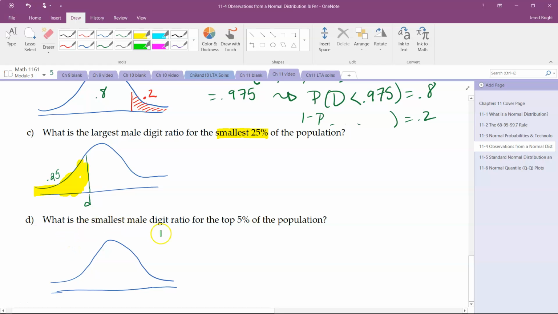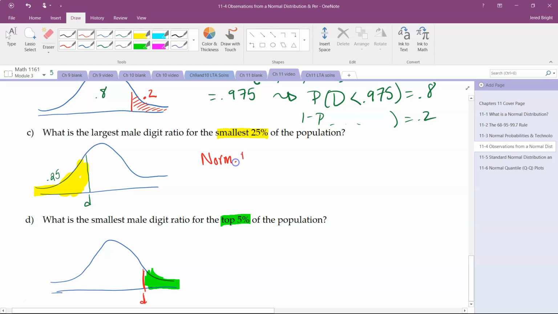Similarly, in part D, the smallest male digit ratio for the top 5%. Well, that top 5% is over here. And so in this range, what I'm looking for is the smallest of this range, so d here. This is why a sketch is so important. Because despite suffering through the language, once you get the picture, then I think it goes quickly.